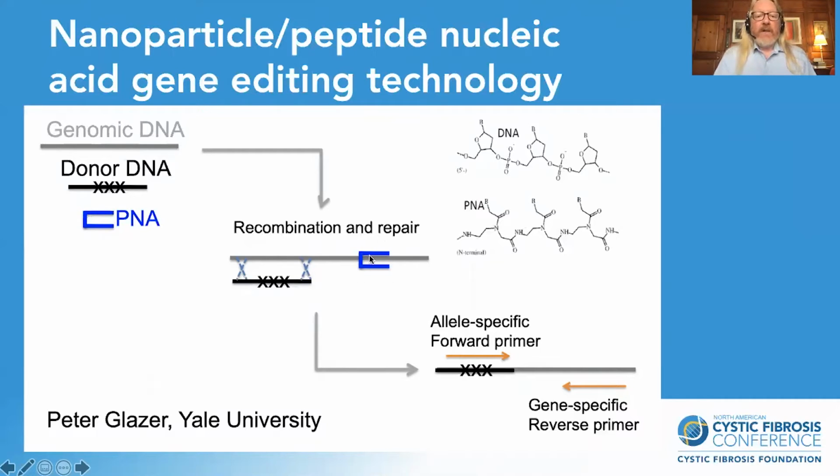When that binding occurs, a triple helix is formed at that local site, which instigates the cell's own machinery to repair that triple helical defect. And when it does that repair, on occasion, it can incorporate the template that you have provided, and so create a new strand of DNA that has your sequence built into it.